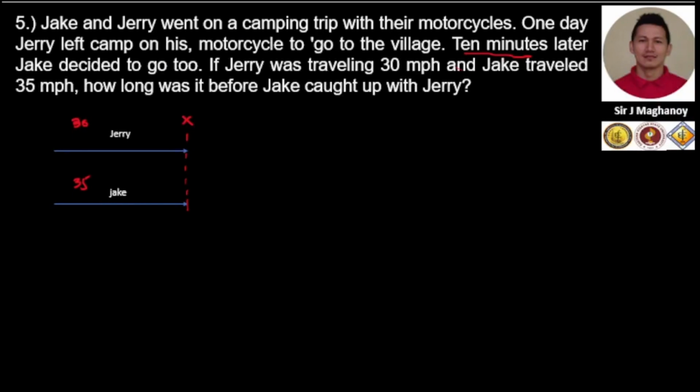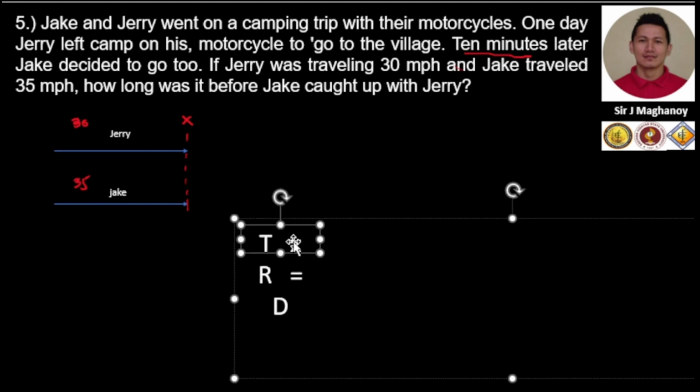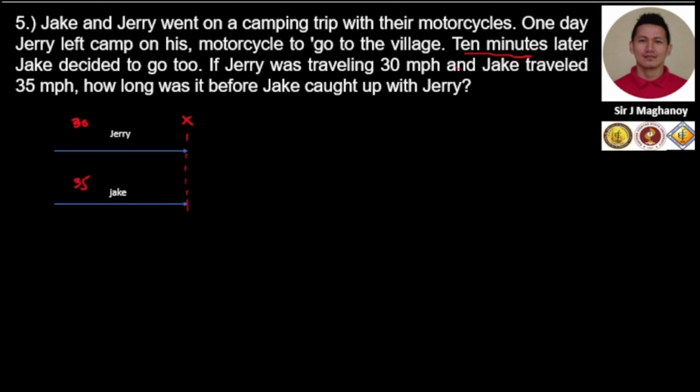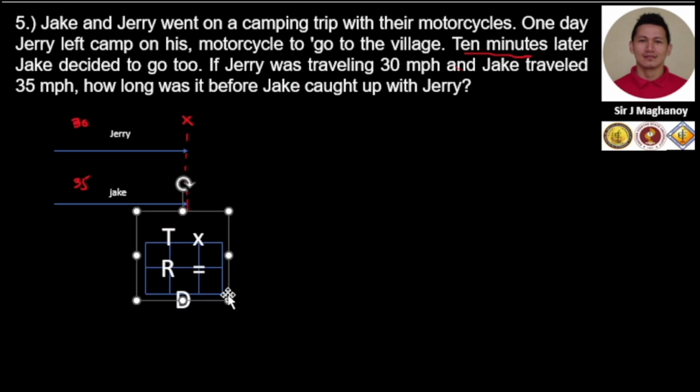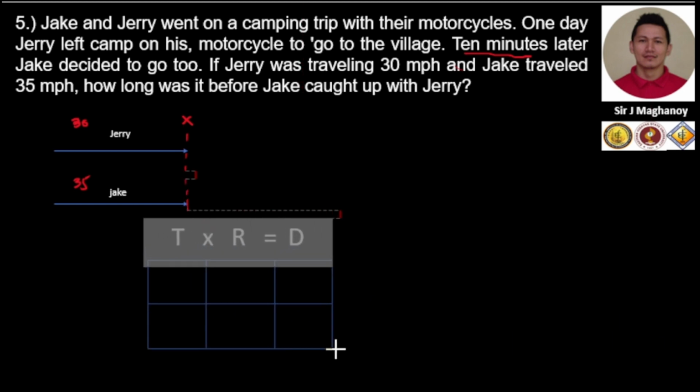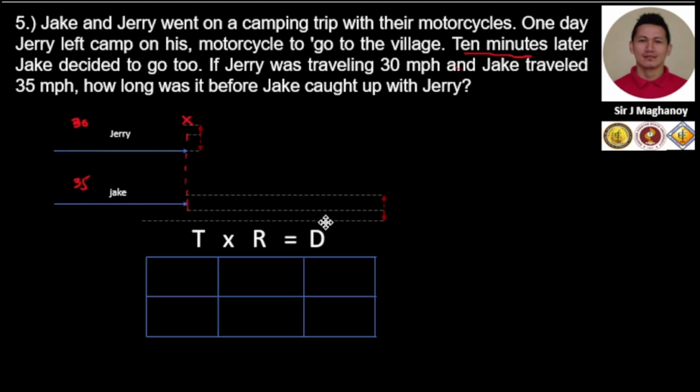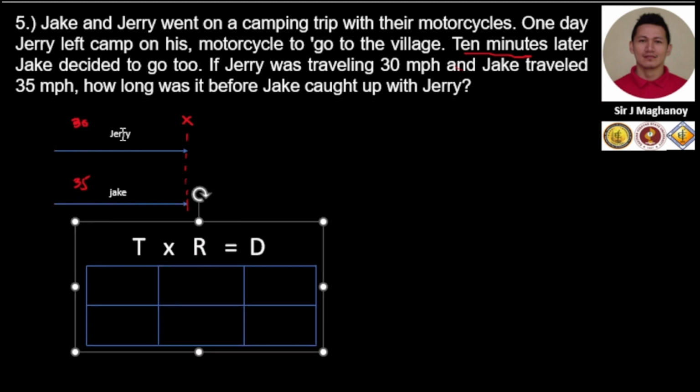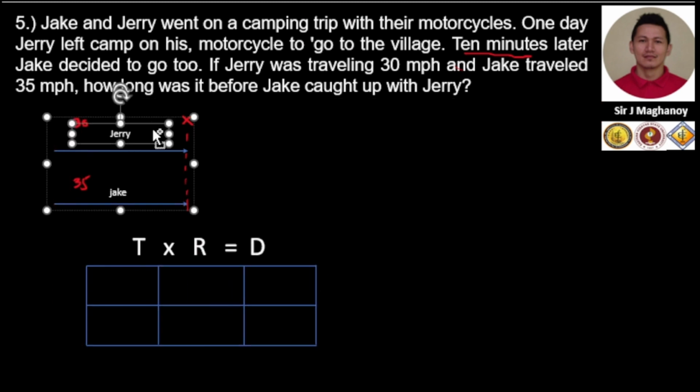Okay, so in solving our problem, again, we already have our constant definition. The rates are given, so we can formulate our equation from our TRD box. So let's set up our TRD box, to simplify our solution in time rate distance problems.